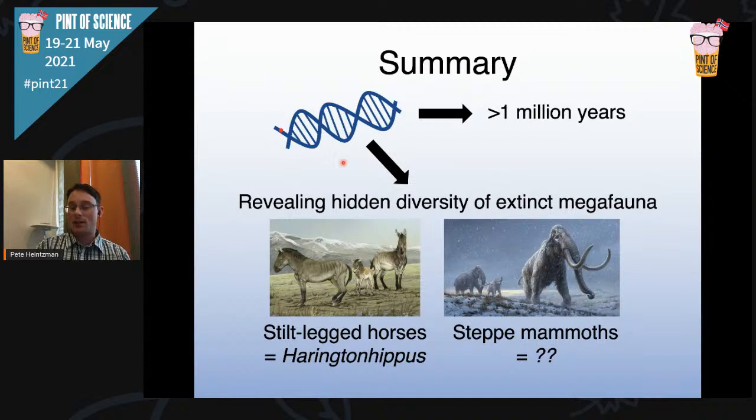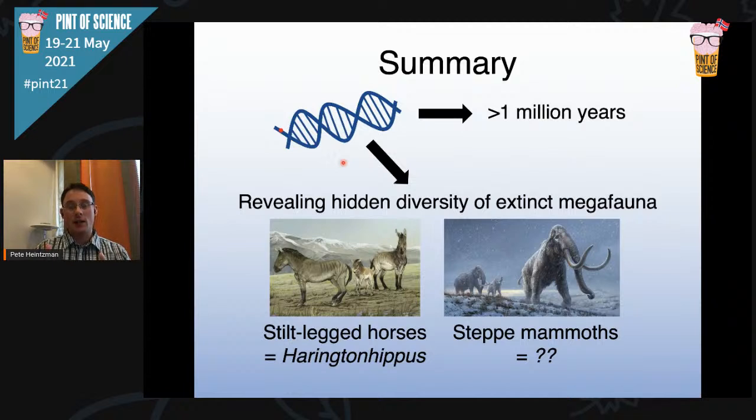What's very interesting is a lot of this diversity was all lost. And as I said at the beginning of this talk, we really want to understand how these things evolved, which populations went extinct, and also how ecologically diverse they were. And then this will inform the why.